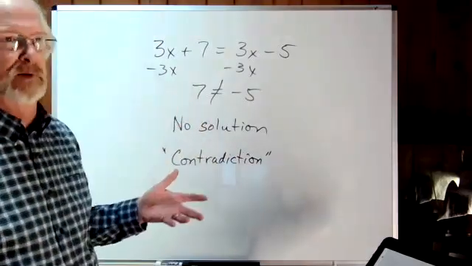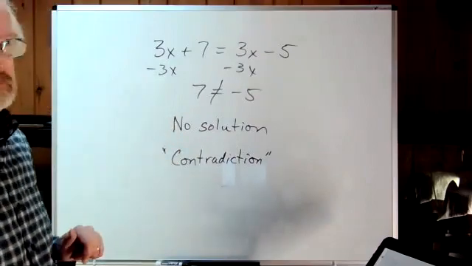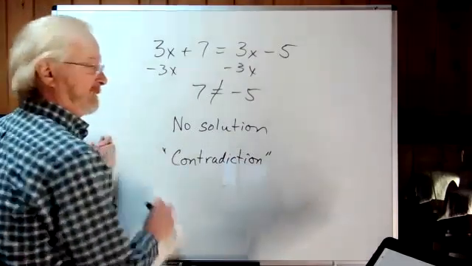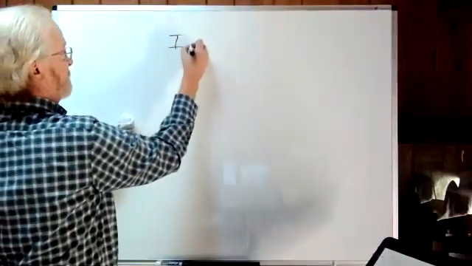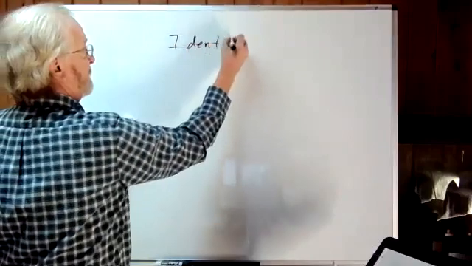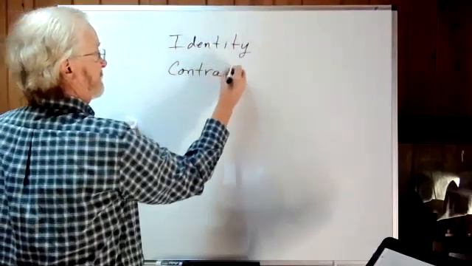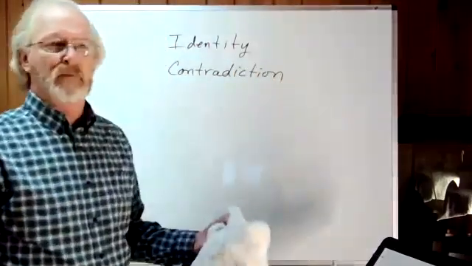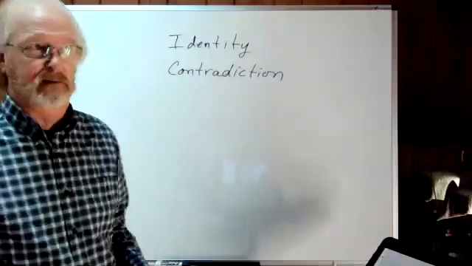These are the couple weird ones I really want you to recognize and be able to apply a term to. So we're talking about these three classifications. I referred to the previous example, identity, and that one was a contradiction. Those are the two weird ones, but what about all these other ones that do work and come up with a single answer?